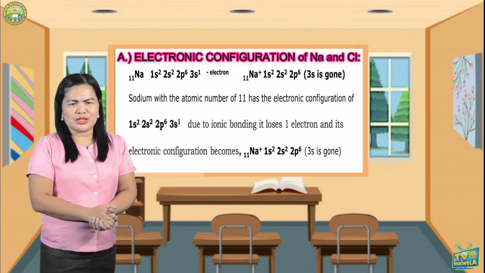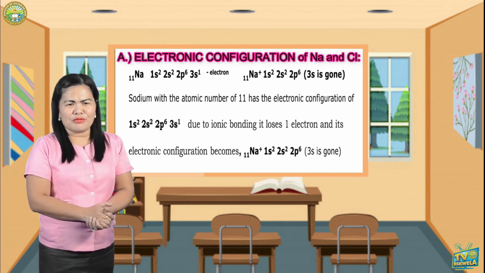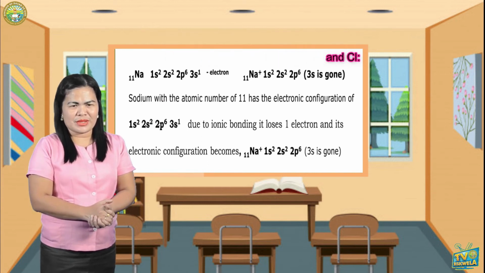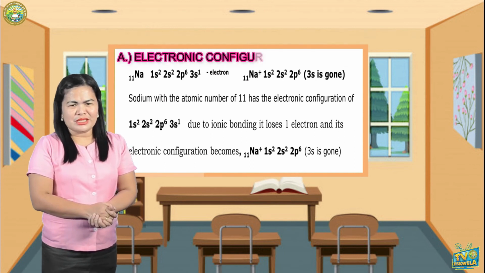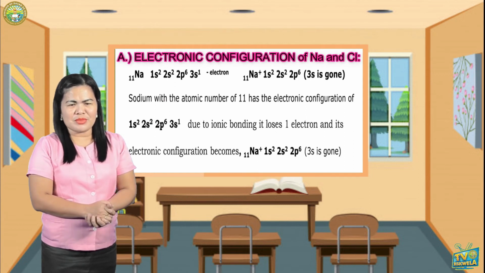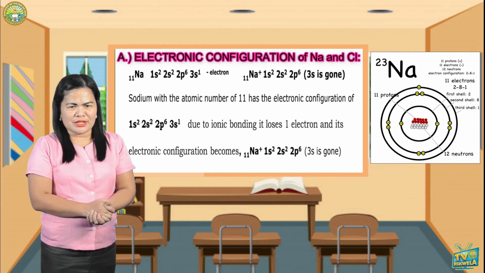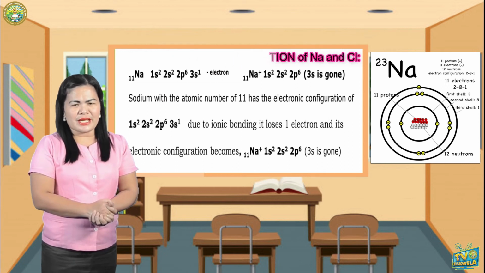Sodium with the atomic number of 11 has the electronic configuration of 1s2, 2s2, 2p6, 3s1. Due to ionic bonding, it loses one electron, and its electronic configuration becomes sodium positive with atomic number of 11, 1s2, 2s2, 2p6. 3s is gone.